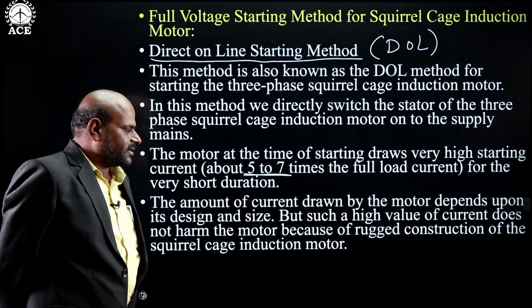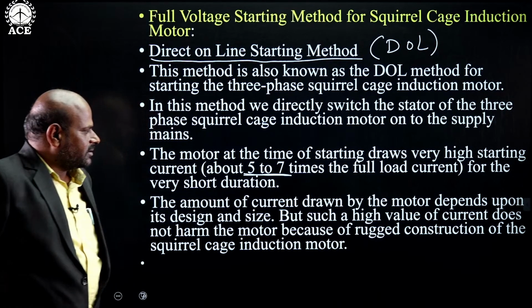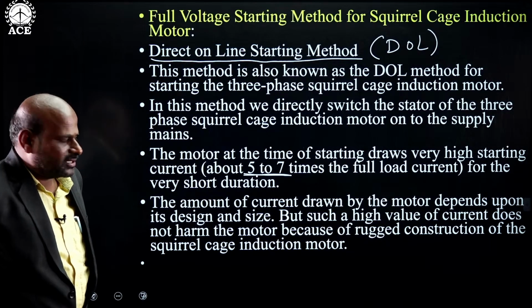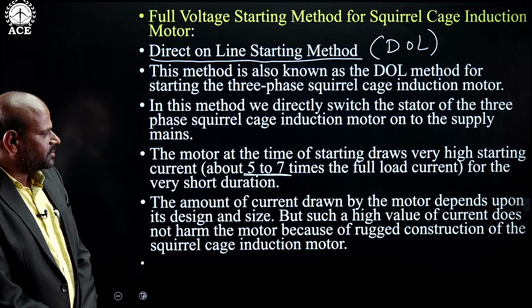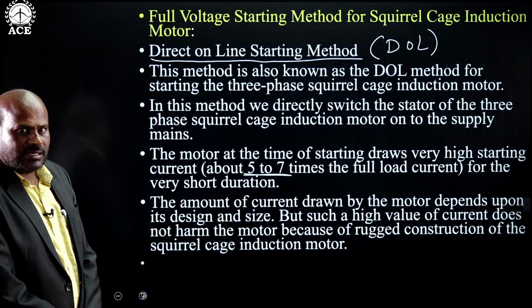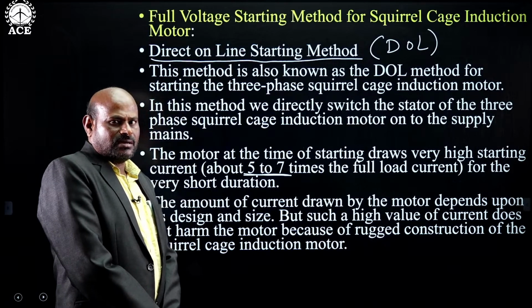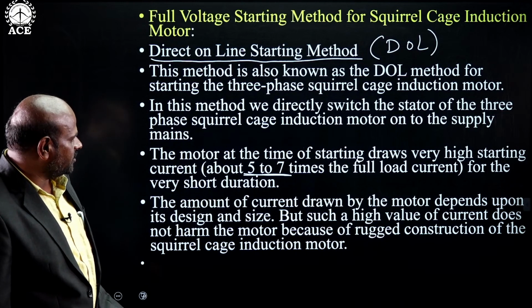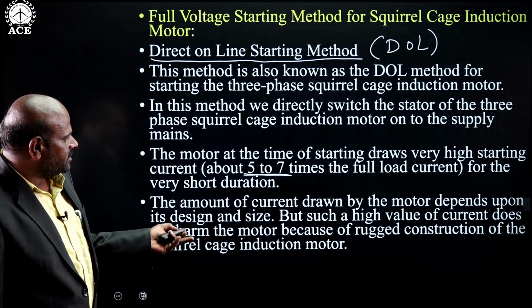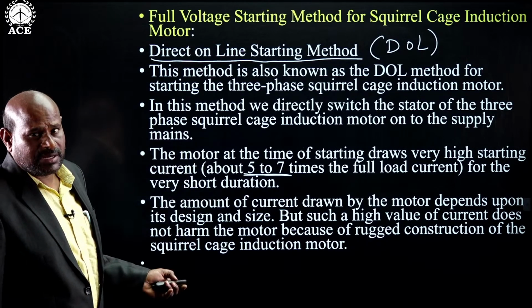It is designed with three-phase windings, rugged and robust. It can be used anywhere, in contaminated areas, underwater, underground, in coal mines. That's why this type of induction motor can withstand the direct supply high voltage.